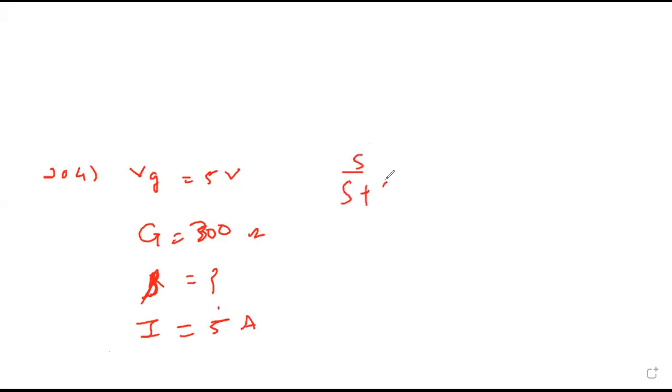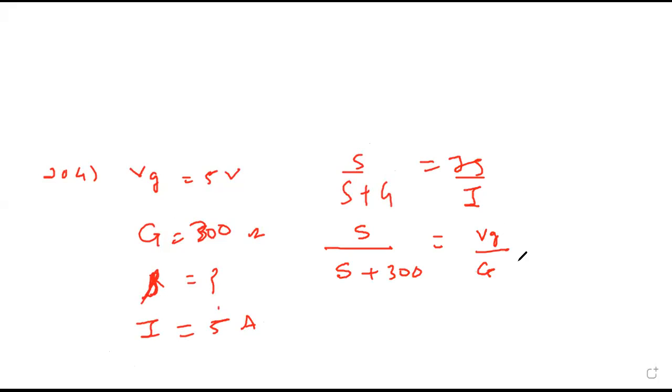S upon S plus G is Ig upon I. G is 300. Ig is Vg by G, can I say?